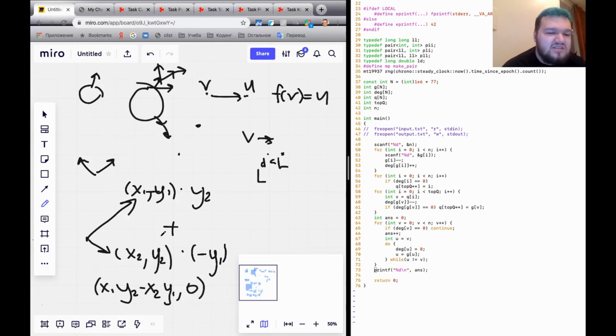The problem is that the x coordinate of this move can become really big, but we can at first find some horizontal move. It should exist, so it will have a not very big x coordinate, 2 times 10 to the 4th, maybe.